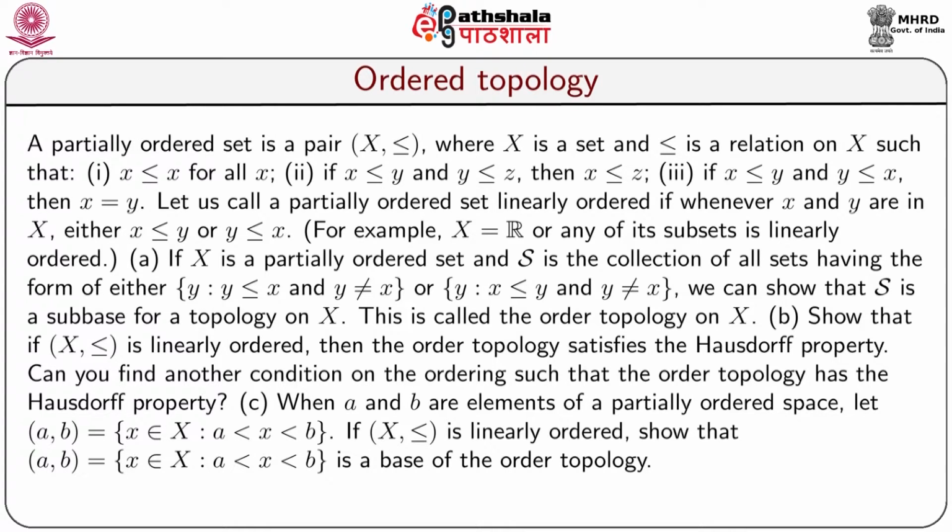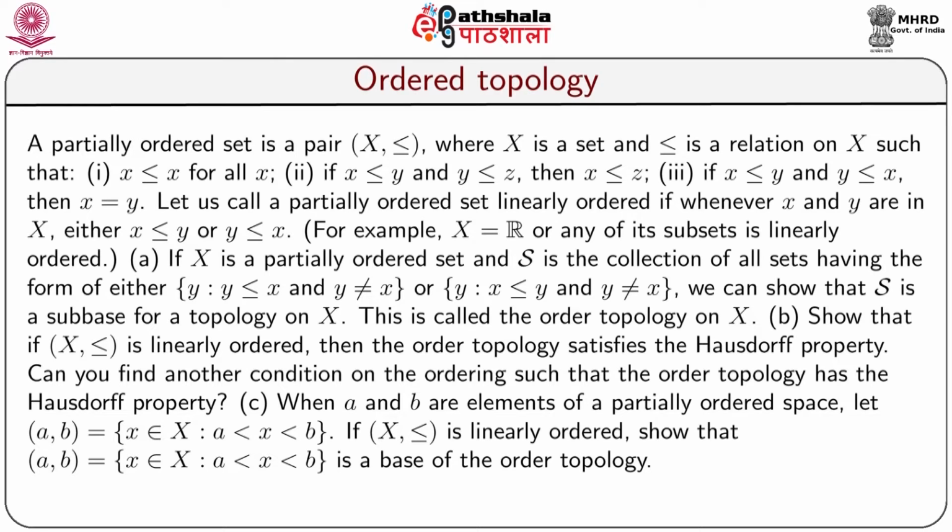Now, let us define an open interval in a partially ordered set in this way. Let a, b belong to X. Let us define the open interval (a,b) to be all points x belonging to X such that a ≤ x ≤ b, where x is neither equal to a nor equal to b.